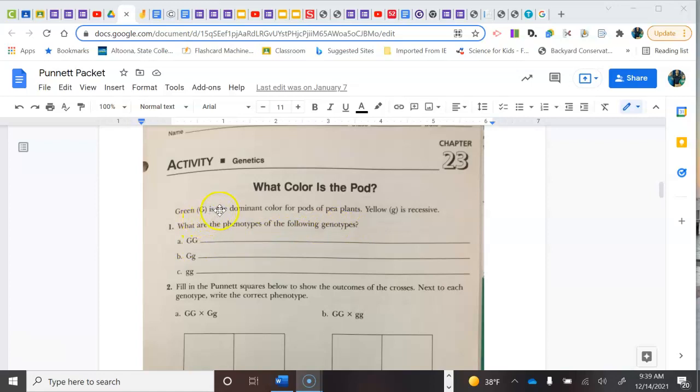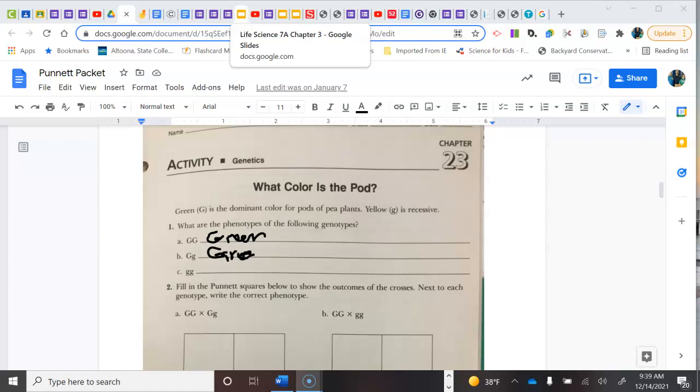So that's dominant, dominant, and then the dominant color for this one is green. Here, big G, little g. Well, big G is dominant over the little g. The dominant color is green. The other color is recessive, so this one will also be green.